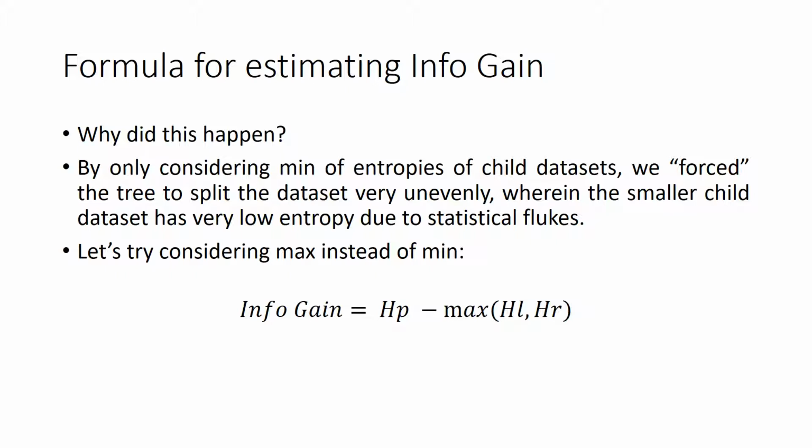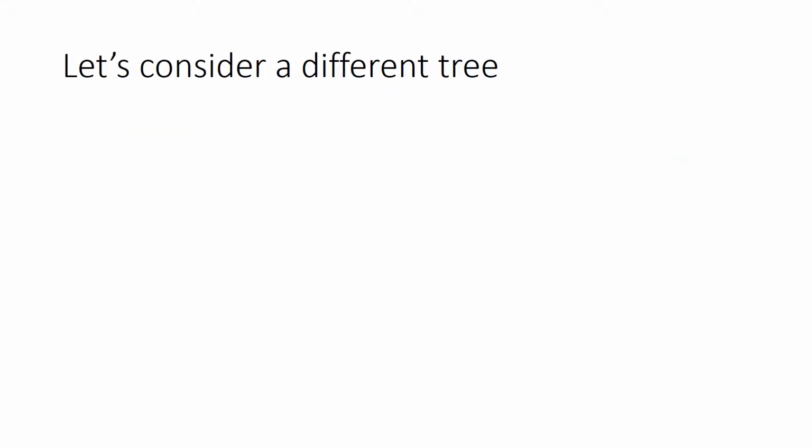So let me replace min with max and see what happens. Well, in principle, this should work better than min, but it still is not very effective. So let's consider a different tree to see why max also has a problem.